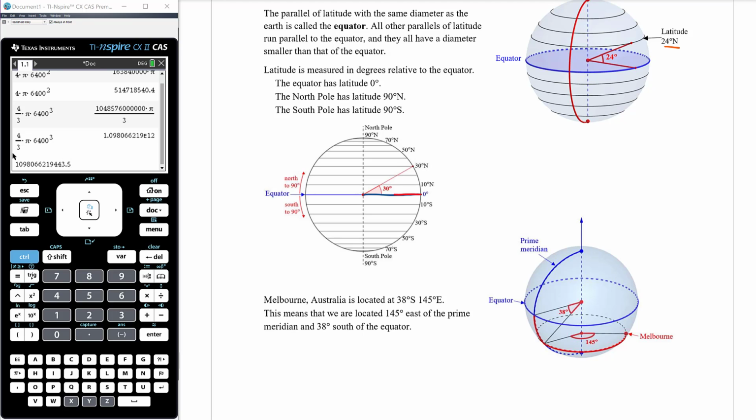Going from here down to here, this is 50 degrees south, because that angle in there is 50 degrees below the equator. The North Pole has a latitude of 90 degrees north because that is 90 degrees, whereas the South Pole has a latitude of 90 degrees south because that is 90 degrees that way.